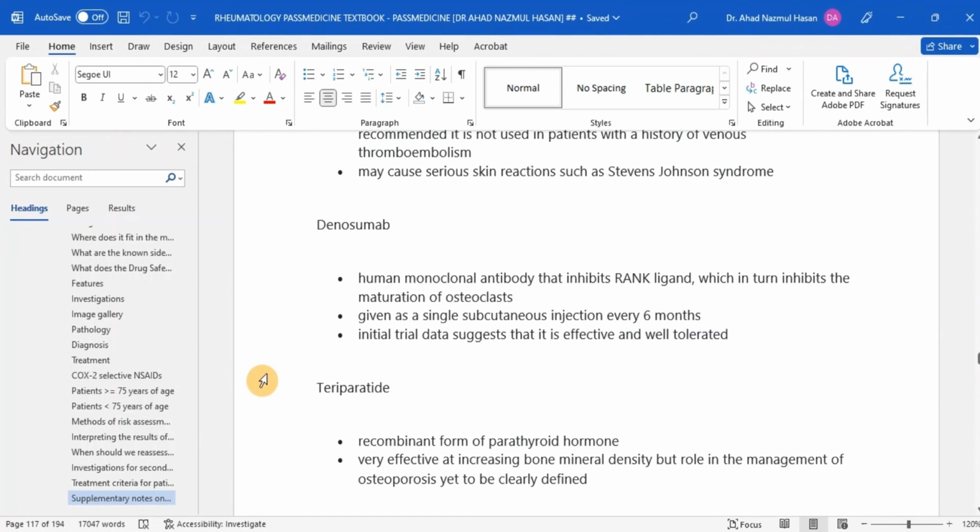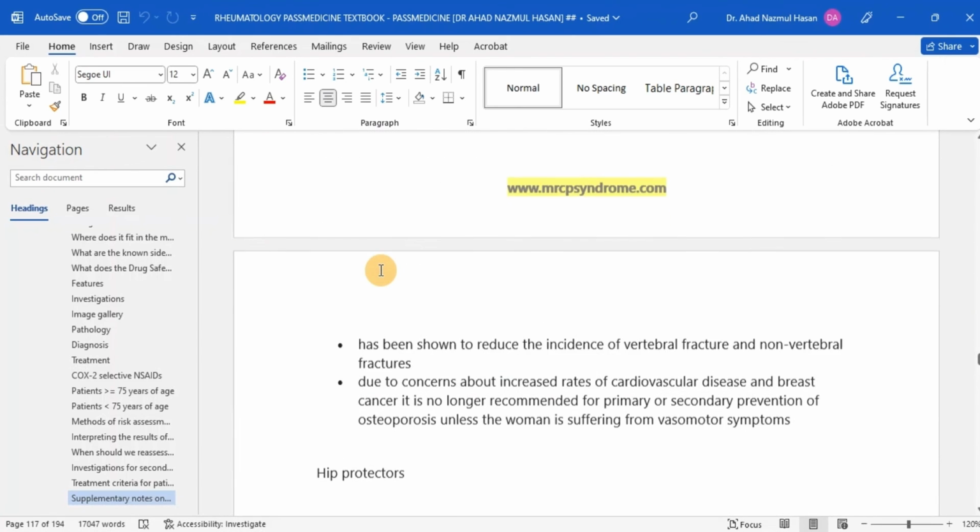And remember, the cutoff value is less than -3.5 in both cases. But it may also be indicated if the T score level is greater than -3.5, that is less than -2.5, and there is still features of fragility fracture or 2 or more osteoporotic fractures despite treating with the bisphosphonate. That is the treatment failure cases.